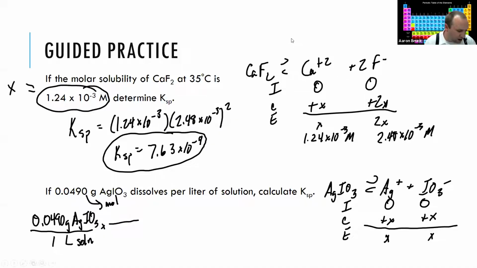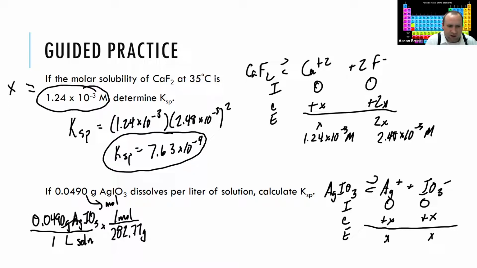For silver, it is 107.87. For iodine, it is 126.90. For oxygen, it is 16, and there are 3 of them. Total mass, 282.77 grams in 1 mole.